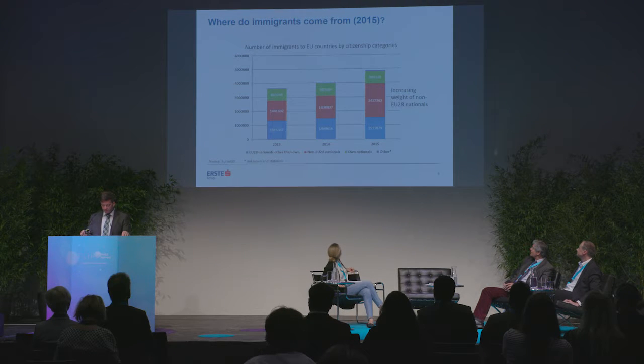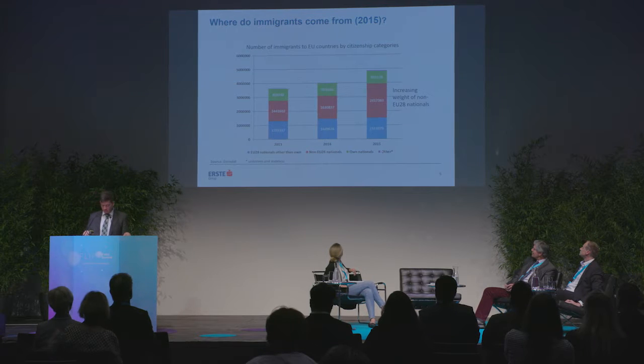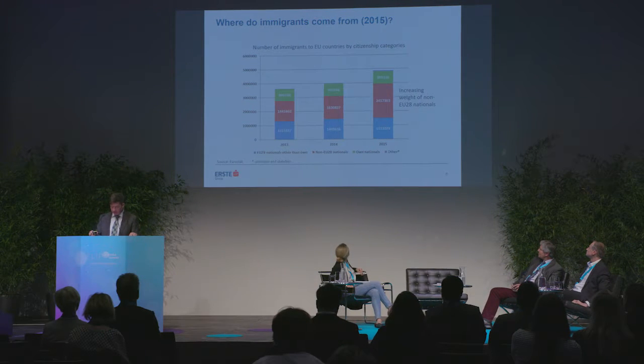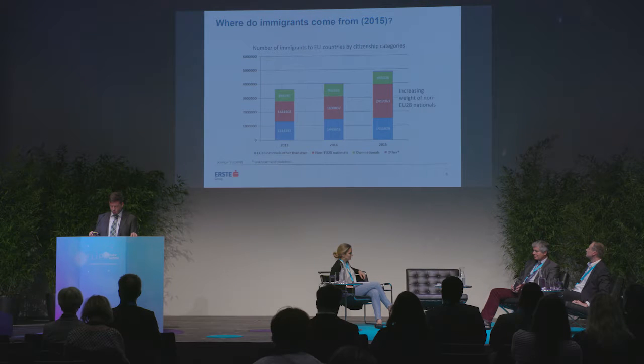We have a standard mix of immigrants coming from the EU countries themselves. These are typically labor migrants crossing the borders and moving abroad to find a better job. Then we have the non-EU immigrants.